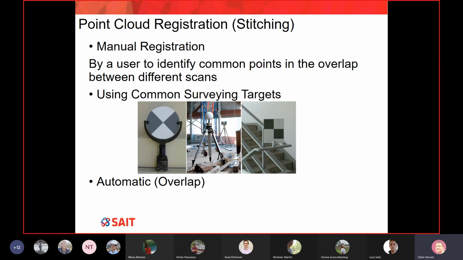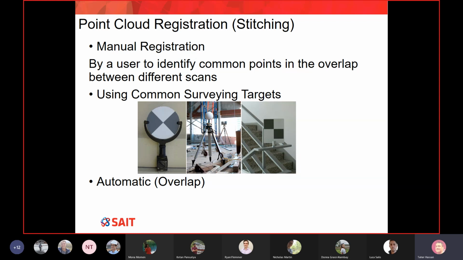It looks like I have to move my laser scanner from one point to another point. Would you agree? Yes. Okay.